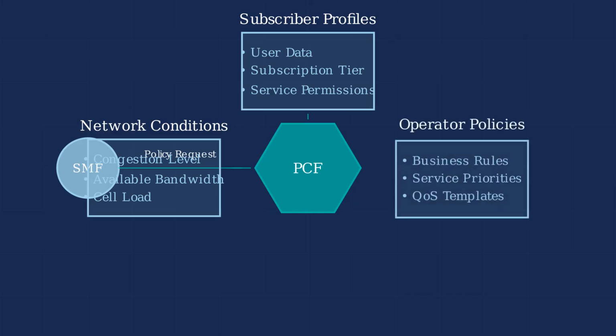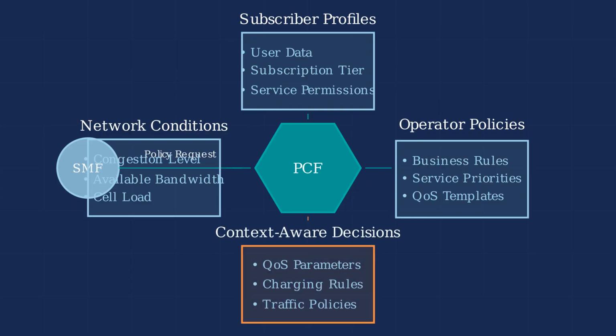The PCF also considers operator-defined policies, which include business rules, service priorities, and quality of service templates. Through this comprehensive assessment, the PCF ensures that policy decisions are context-aware and optimized for the specific conditions at hand. Based on this evaluation, the PCF generates context-aware policy decisions, including QoS parameters, charging rules, and traffic policies that will be enforced by the SMF.